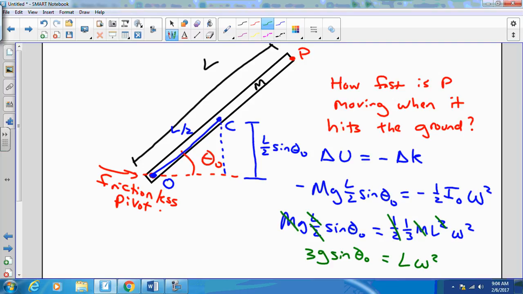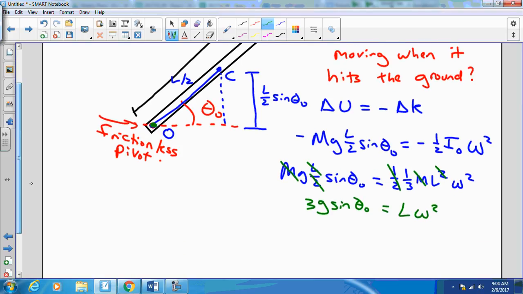To answer that question, I need to consider the speed of point P in terms of its rotation about O. And the radius of point P is all of L. Therefore, I can write omega, the rotational speed, as the speed of point P divided by the radius. And I can replace omega with speed over radius.